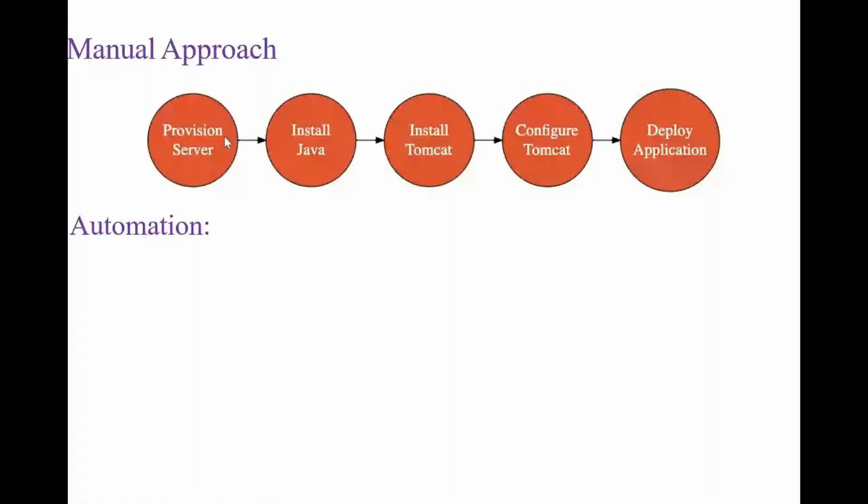Now we are going to automate infrastructure provisioning. That means launching the infra: servers, operating systems, storages and networks. We are going to use one tool, Terraform, and using Terraform we write code to provision the server or launch the system.